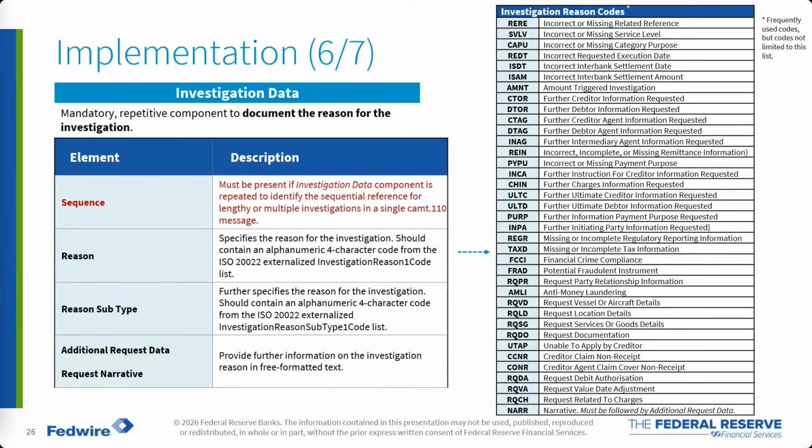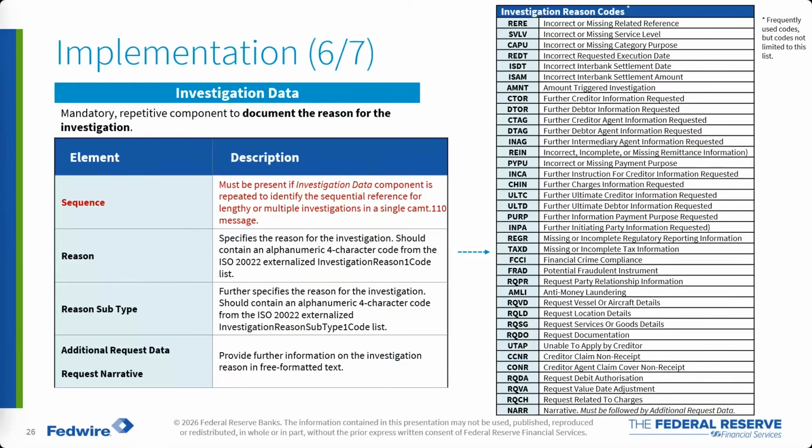As this is a repetitive component, you may ask multiple questions in a single investigation request on a transaction. If you're asking for further information, you might actually ask for more information. You might be asking for account and address information, for example.